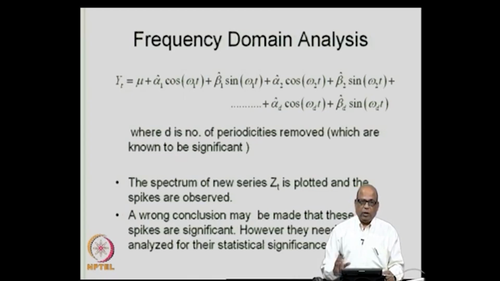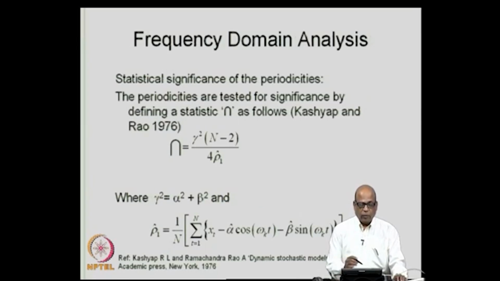Just by visually examining, we may tend to conclude wrongly that these periodicities that we are seeing are statistically significant, because they appear very prominently in the transformed time series actually. But it is necessary for us to have statistical methods by which we can test the significance of the periodicities that we so identify, and that is what is done.